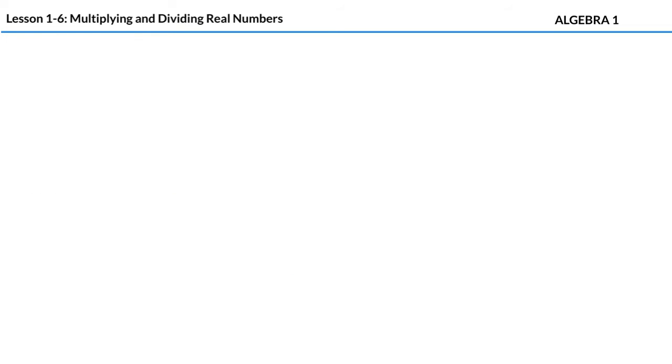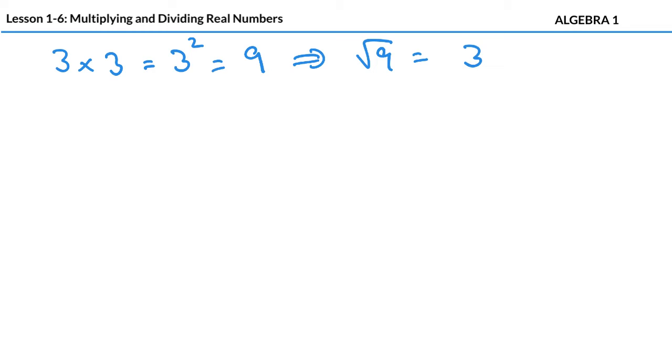Before we move on to solve the square root problems, let's refresh our concept of square roots. Remember, we learned that 3 times 3 can be written as 3 squared, which is nothing but 9. And square root of 9 is 3. We studied this in lesson 1-3.